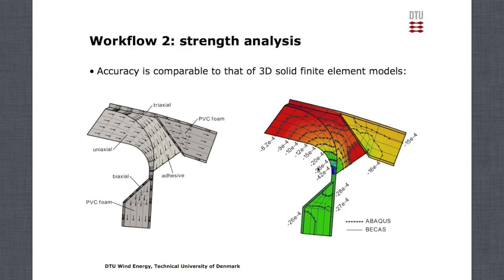And here on the right, what you see is a comparison between the stresses. And this is the 1-2, in fact, the strains, the 1-2 strain, so the in-plane shear strain acting on this detail of the structure in a comparison between Abaqus and BECAS results, and you can see there's a very good match between the two.